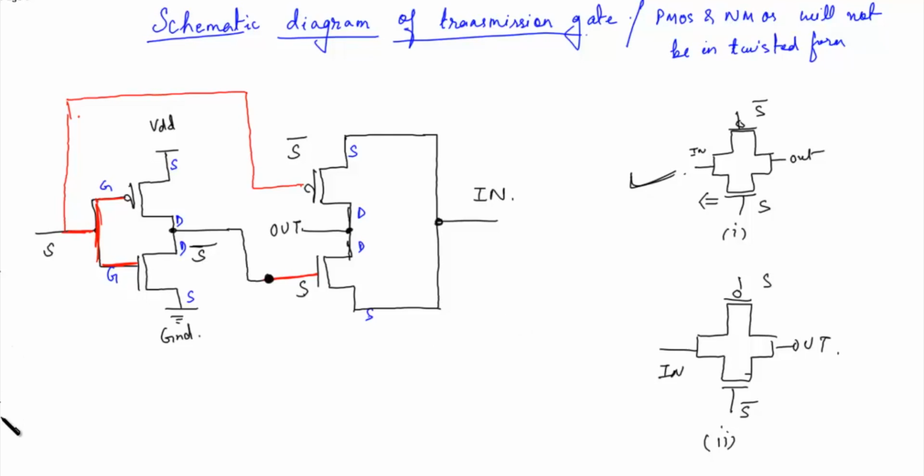So now let's see the corresponding layout, the layout of the transmission gate. First you have to draw the N well.